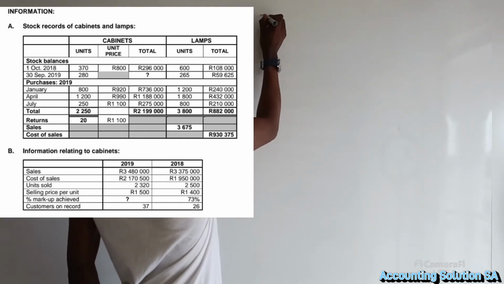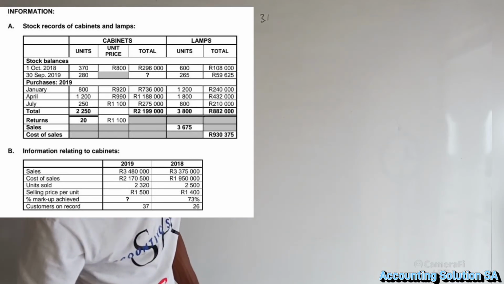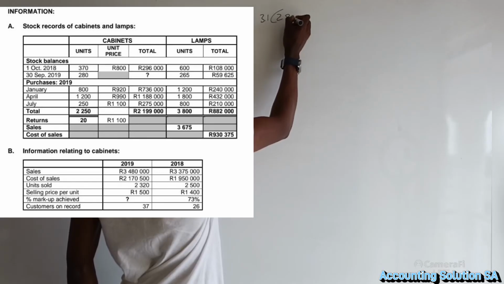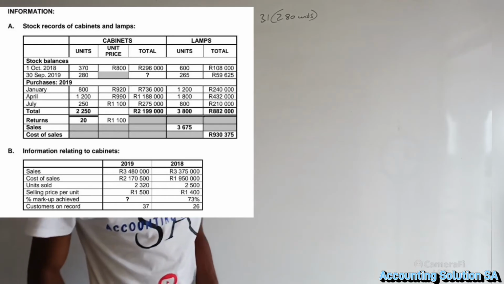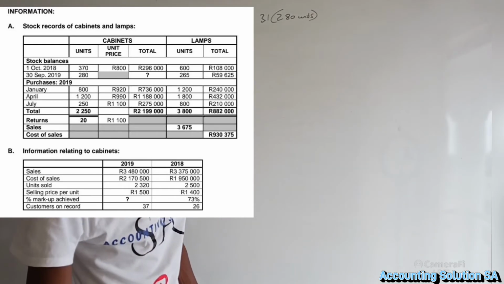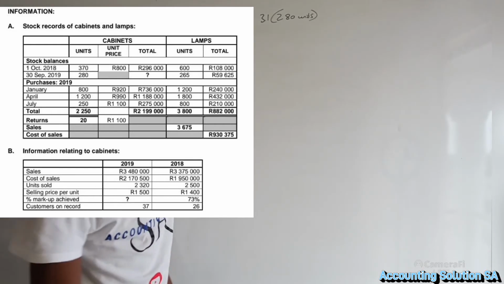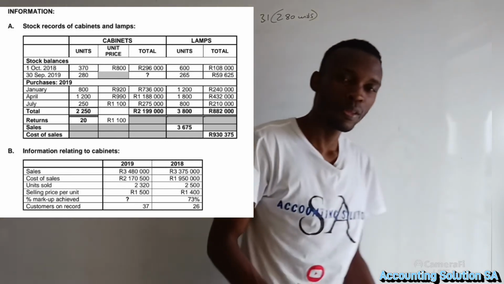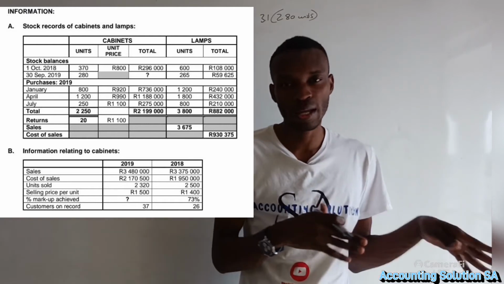Now let's start in this way. 3.1. The inventory that we have at the end of the year is 280 units. Now we want to calculate first in, first out, which means that we have to check the last batch, which is July 2019. Remember I said that out of the 250 that we have, you have to subtract the 20 of return because we no longer have it.